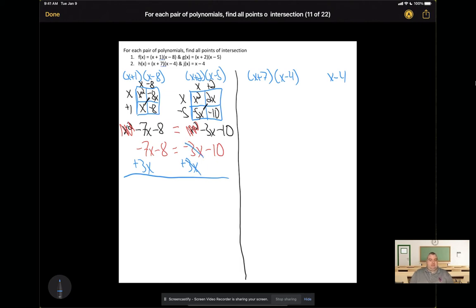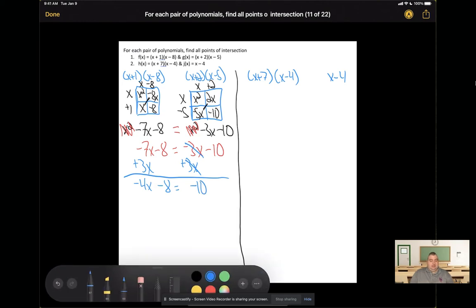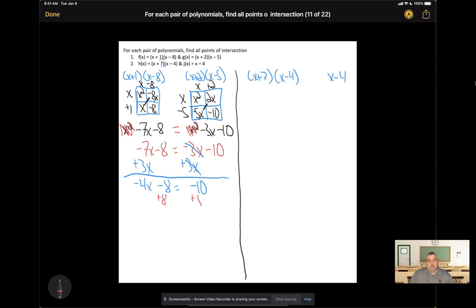So negative 7x plus 3x gives me negative 4x minus 8 equals negative 10. And now I can move the constant over to the right-hand side. So I can move the minus 8 over to the right-hand side by adding 8. So negative 4x is going to be equal to negative 10 plus 8, which is negative 2.